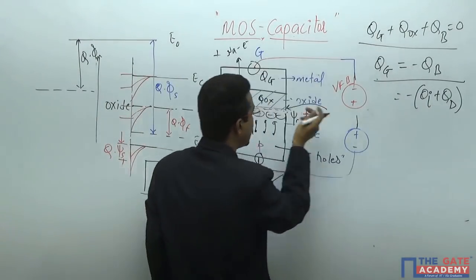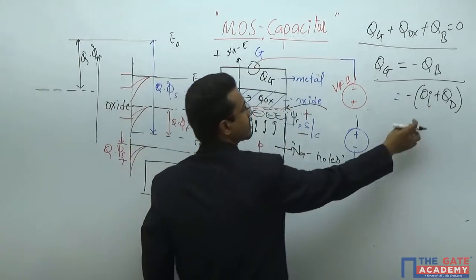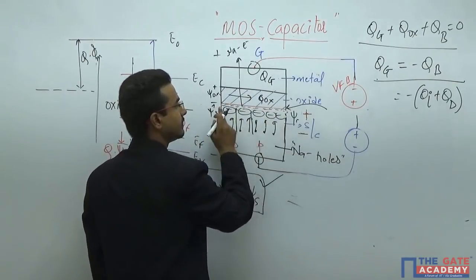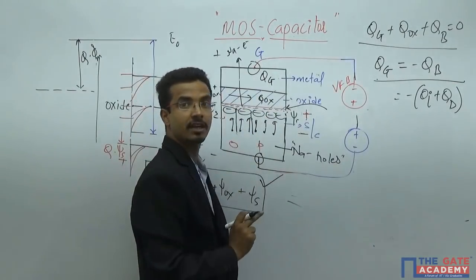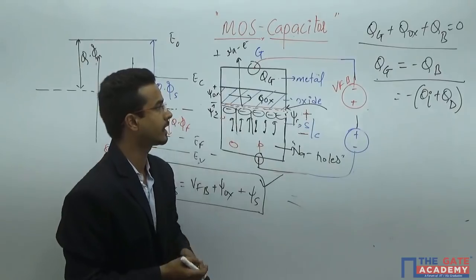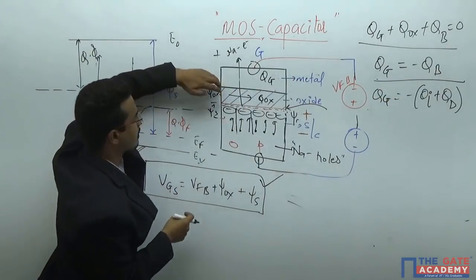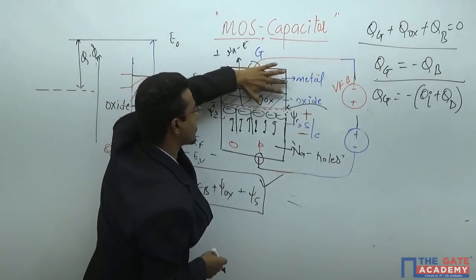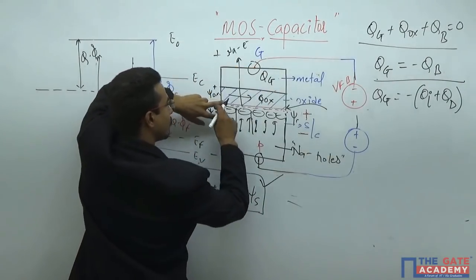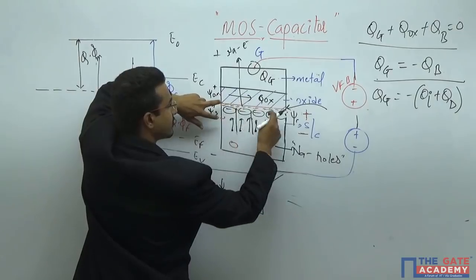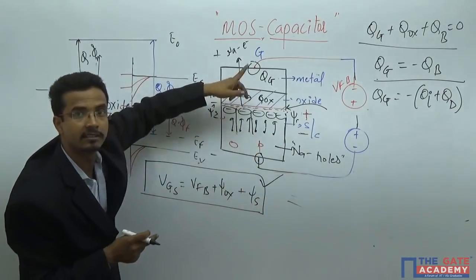This I is for inversion charges, in red color, and the depletion charges are nothing but fixed ions. And this is QG, which will vary across this. That means you assume all the positive charges in the metal, and here you get all the negative charges, across this capacitor.